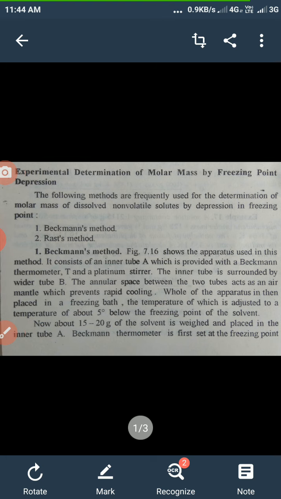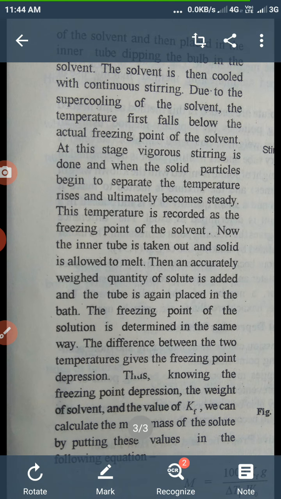Now about 15 to 20 gram of solvent is weighed and placed in the inner tube A. Beckmann thermometer is first set at the freezing point of the solvent and then placed in the inner tube, dipping the bulb in the solvent. The solvent is then cooled with continuous stirring.